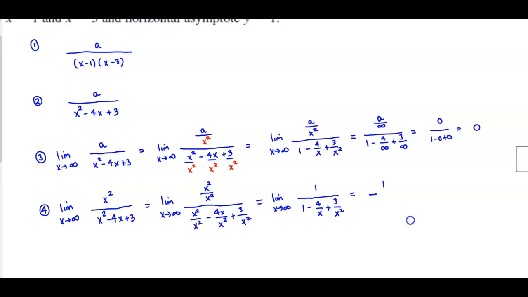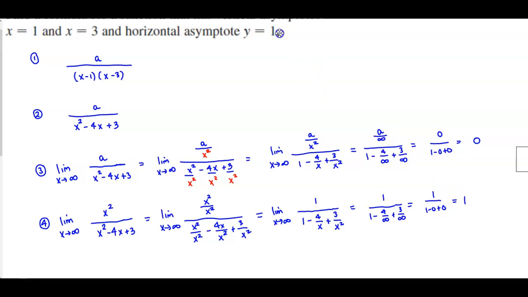We get 1 over 1 minus 4 over infinity plus 3 over infinity, which gives us 1 over 1 minus 0 plus 0, which gives us a value of 1, which is what we want to get. We want to get the horizontal asymptote to be y is equal to 1.